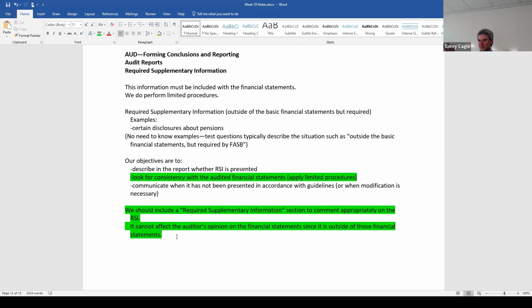No, our opinion on required supplementary information would never affect our overall audit opinion on the financial statements, because it's outside of those. So yeah, we're good there. But yeah, we do these little limited procedures, which would be things like inquiries and written representations from management. We would read it for consistency and that kind of thing. So a lot to add with that little section.